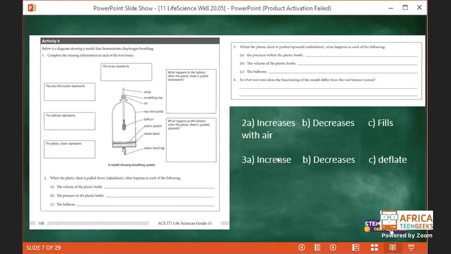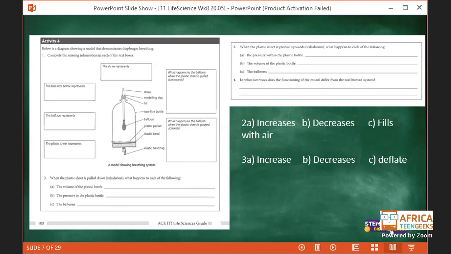Okay, let's see the answer. So we have an increase, first of all, in pressure. Remember we said when we exhale, your thoracic cavity becomes smaller, so meaning that the volume would decrease, and the pressure inside your thoracic cavity would increase and force the air out of your lungs. So our balloons would deflate as well. So yes, that is correct.